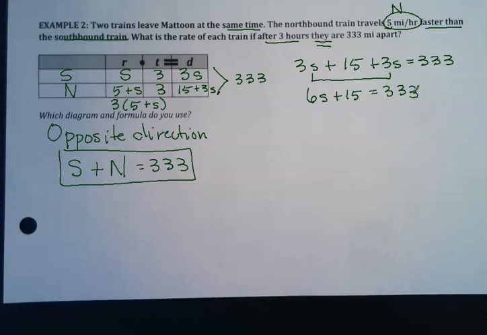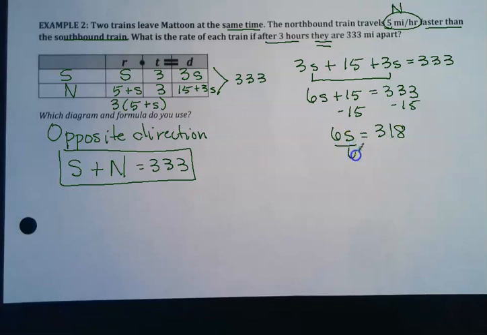We can do it. It's just not going to move us forward in our problem. Subtract 15 on both sides, because that would be a like number. Good. So if we subtract 15 from both sides, we have 6s, or in your case 6r, equals 318.